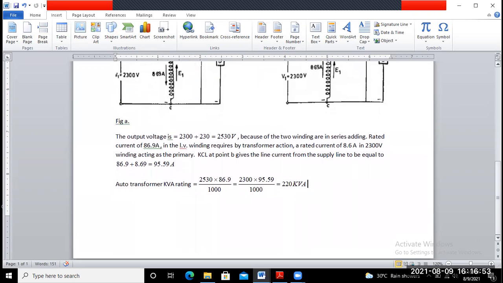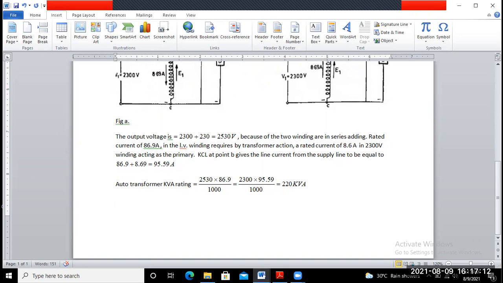The kVA rating is 220 kVA. Out of 220 kVA, how much power is transferred by the transformer action and how much power is transferred by the direct conduction method? That we have to find out here.